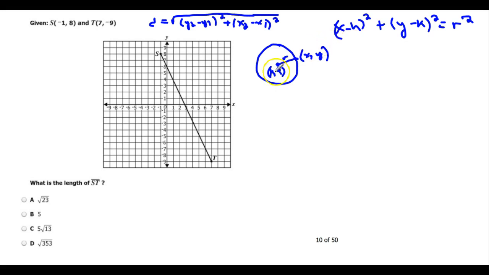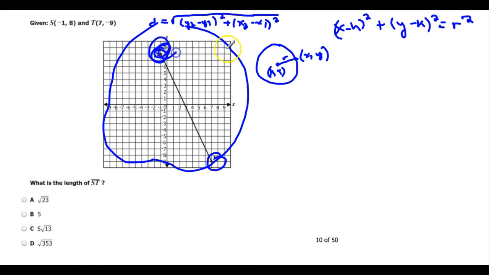So if you just pick one of these 2 points, like S, and pretend it's the center of a circle, and you pick the other point, T, and pretend you've got a big circle going around here. I'm horrible at drawing this by hand, especially on this computer. But S is the center of your circle, and T is a point on the circle. If you figure out r, that's the same thing as the distance between the 2 points.